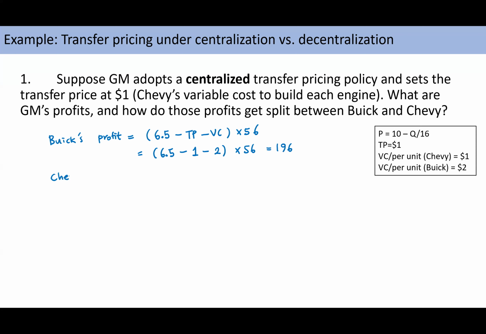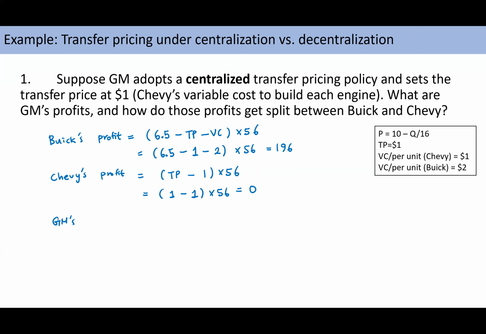Now let's look at Chevy's profit. Chevy will sell their engines to Buick at the transfer price, and their variable cost per unit is $1, and they'll be selling 56 cars. The transfer price was set at $1, and their variable cost per unit is again $1. So Chevy's profit will be $0.